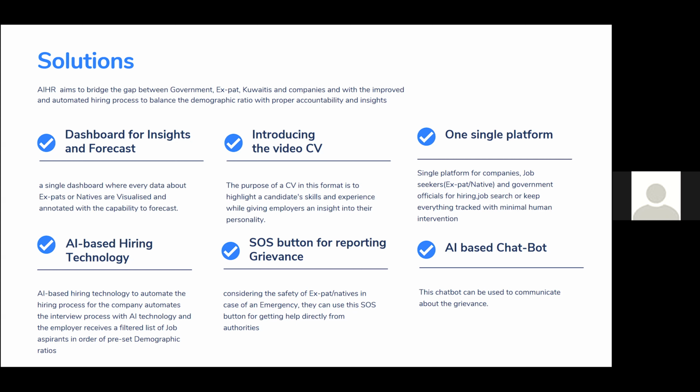That means if there are 100 applications, and the set ratio for the company is seven expats and three Kuwaitis, then the final list will be based on those ratios. The AI will filter that out, and it will be selected automatically. There's no bias, or human intervention in that. So that ensures a proper job distribution in the country.